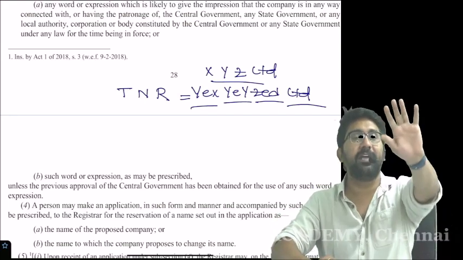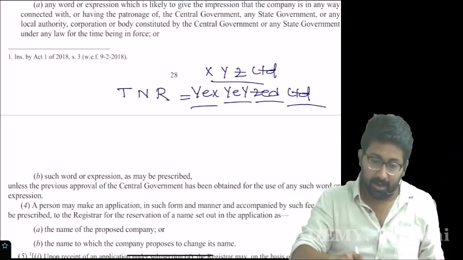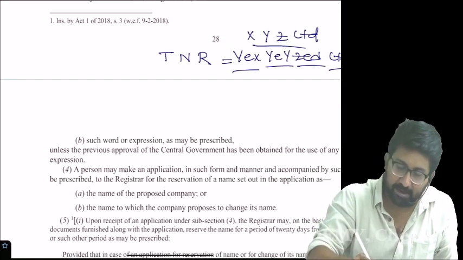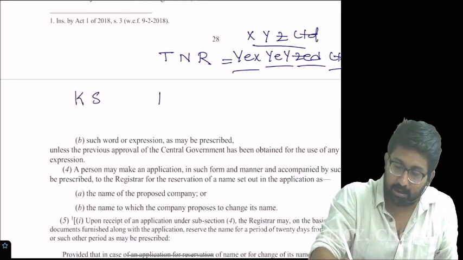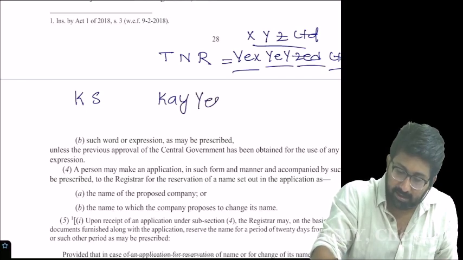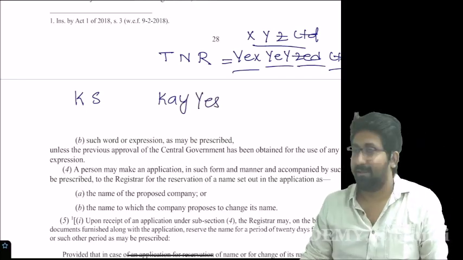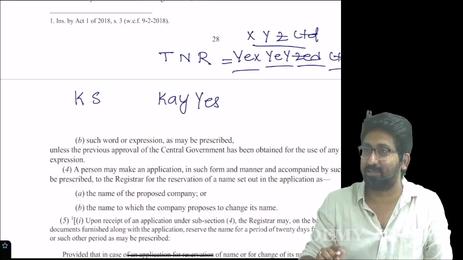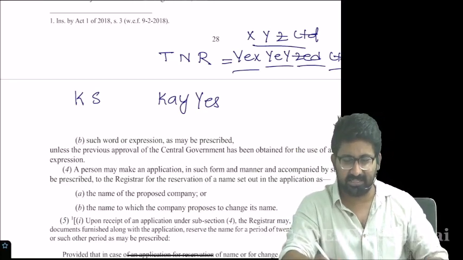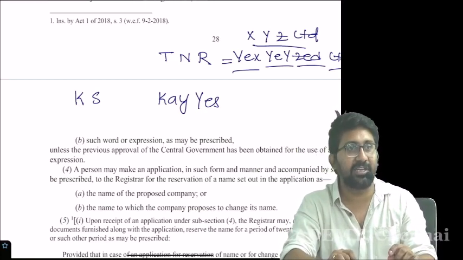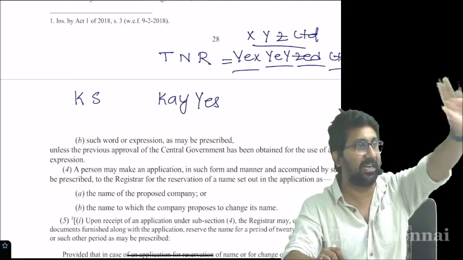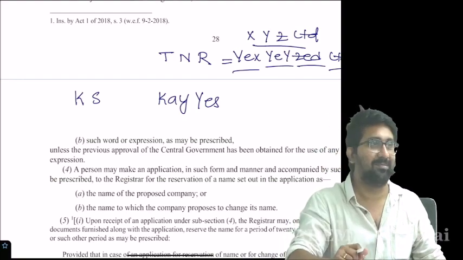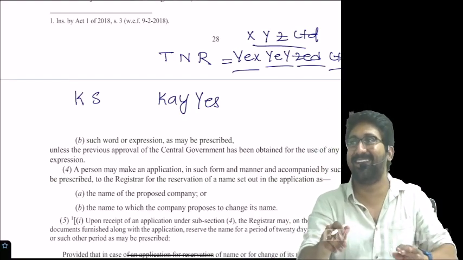Now listen carefully. My company name is, say for example, KS Academy. I started another company with the name KS Educational Services Private Limited in Chennai, head office in Mambalam.